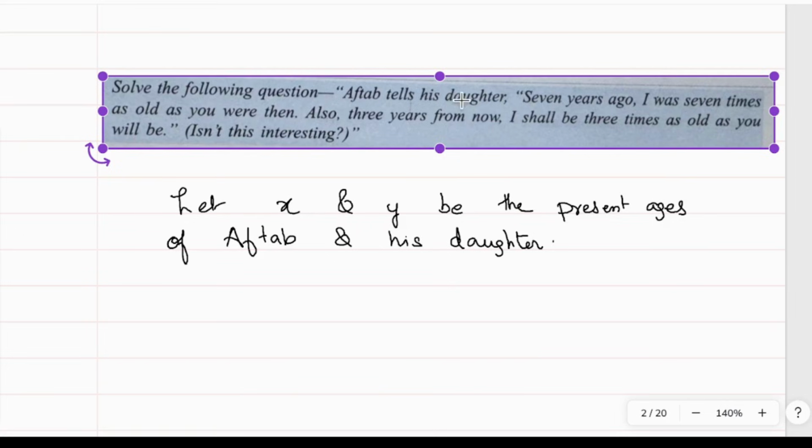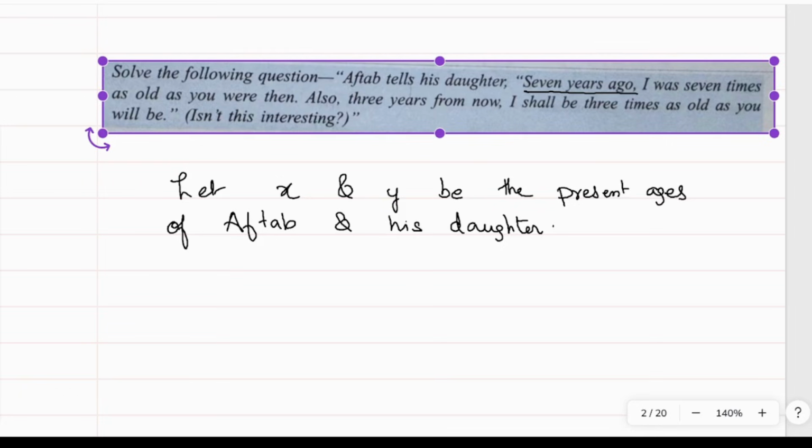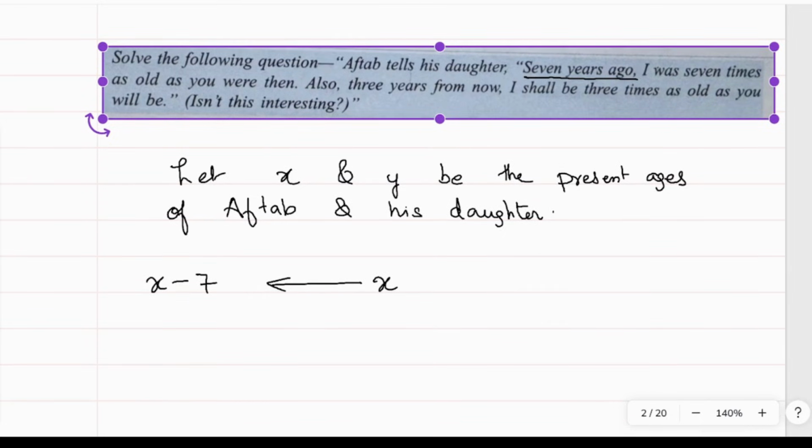Okay, now he tells what: 7 years ago. 7 years ago means before 7 years. That means if the current age is x, before 7 years means what? We have to reduce 7 from the present age, right? That is 7 years ago. What is the condition they are telling? I was 7 times as old as you were then.